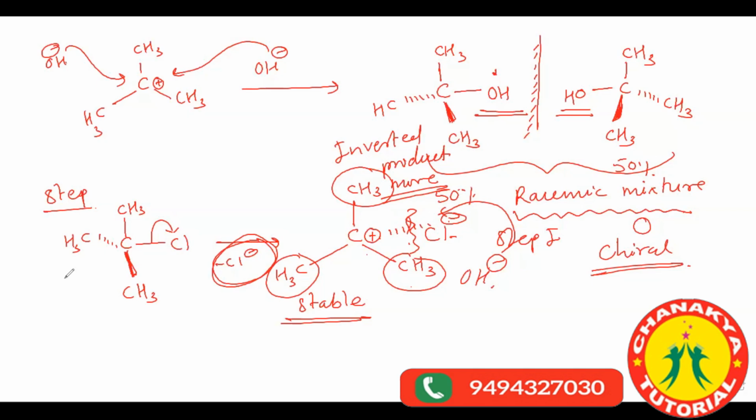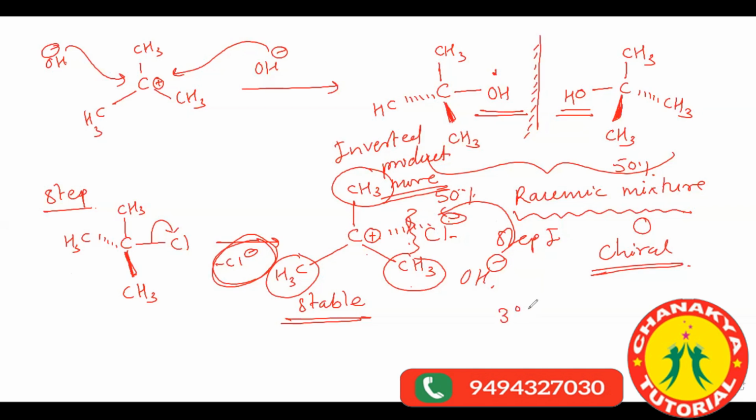Hence the product from that side would be less as compared to the inverted product. Clear? This is very, very important, because in JEE NEET such kind of questions must be asked. This is a concept, and they may ask you an applicable question on the basis of this concept, right? Clear?